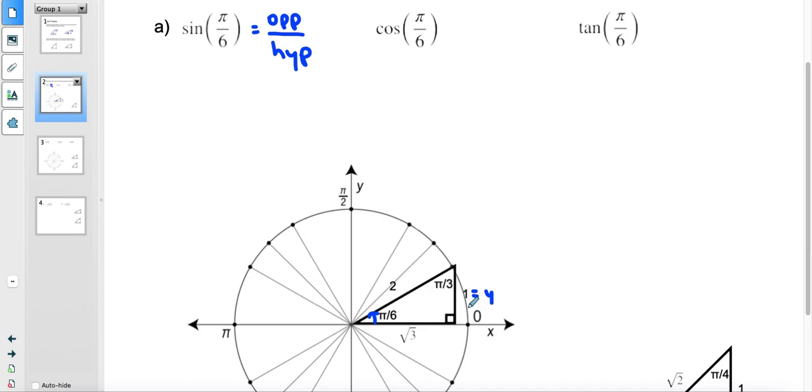My hypotenuse, that's the radius of my circle here. So we can represent that with the letter r. So my radius r is 2, my y value is 1. So if I plug this in, sine of pi over 6 is going to be y over r, or 1 over 2.